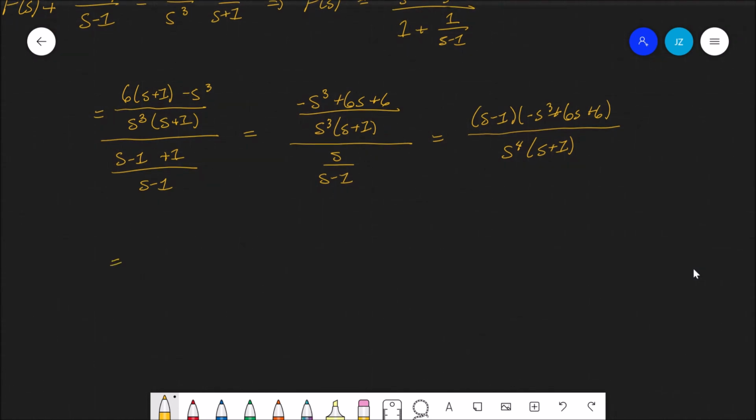Expand that out. We'll have negative s to the 4th plus s cubed plus 6s squared minus 6, all over s to the 4th times s plus 1. So use partial fractions.